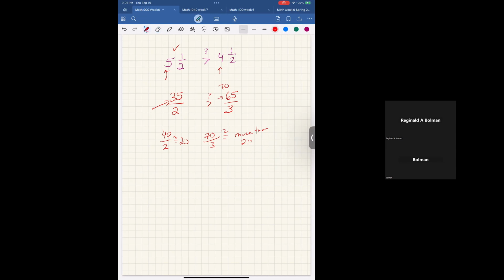And of course, this is the main limitation of these improper fractions. But on the other hand, we don't really want to be dealing with a situation where we have to convert back and forth between mixed numbers either. And so the question is, well, do decimals help us out here? And the answer is absolutely.